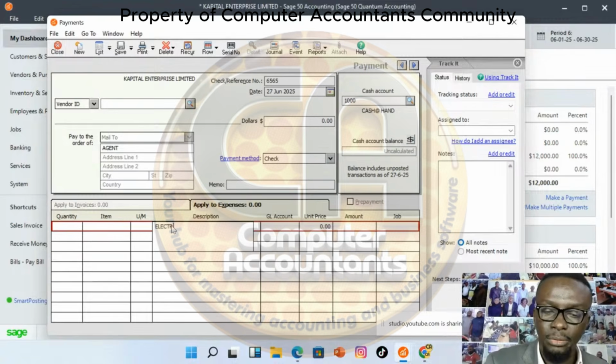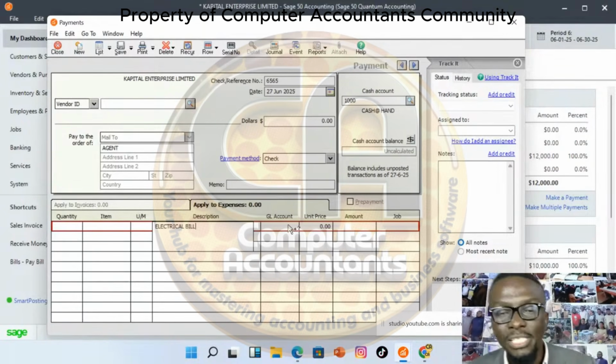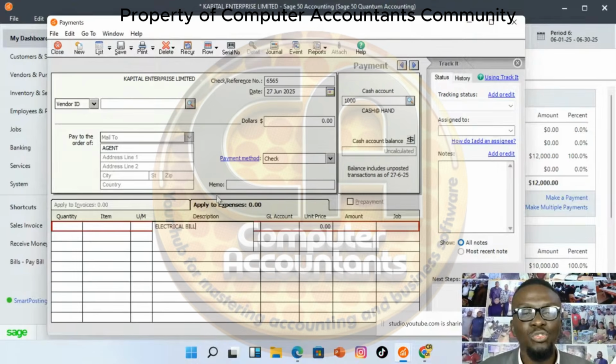electricity bills. Then now see where this is. Now watch, you can see that there's no account linked to this agent. You know why? Because it's not in the system. So what you do now, come down to where you have GL account. That is, GL means general ledger account.